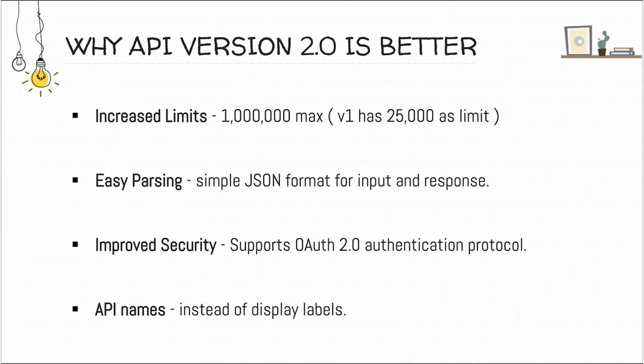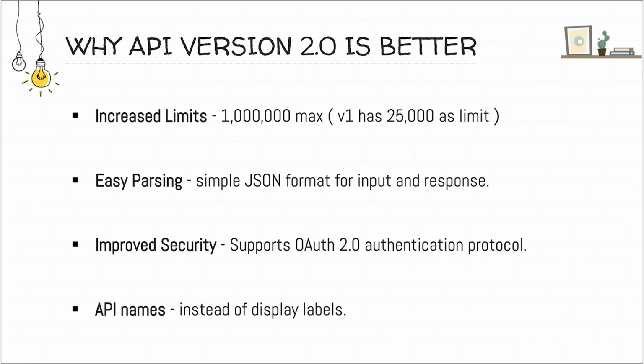And the other would be using a JSON format for input and response, which enables easier parsing of information, because JSON is a language which contains information that is much easier to break down and analyze or use elsewhere. We'll be getting to that part later in the webinar.